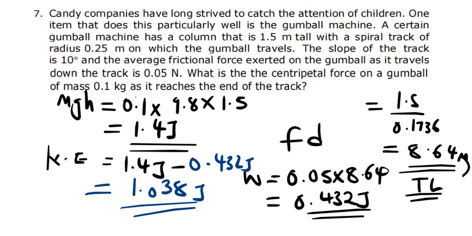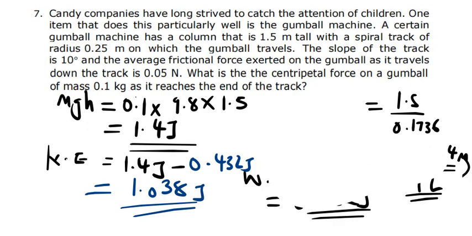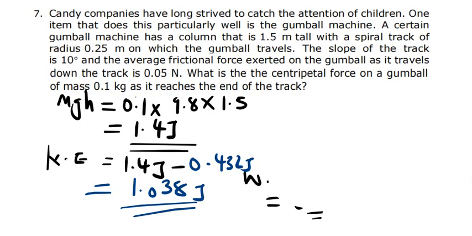Basically now this will help us to find the velocity, because we're trying to find the centripetal force, and we've said centripetal force F is equal to mv squared divided by r.